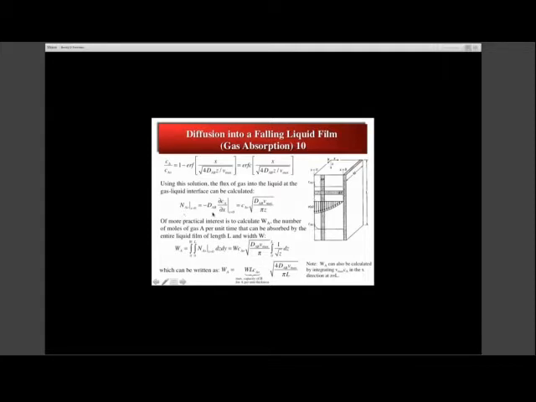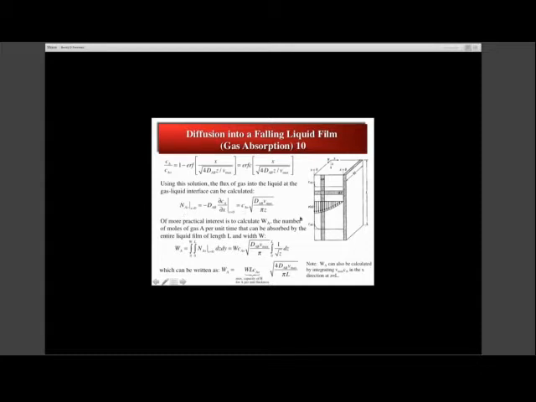From our flux expression for A, it's evaluated as shown here. We can plug in the concentration profile and calculate the flux of A. And you will see that it depends upon Z. That is, as Z increases, the flux goes down.